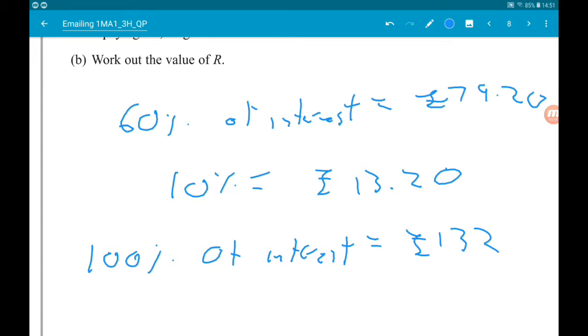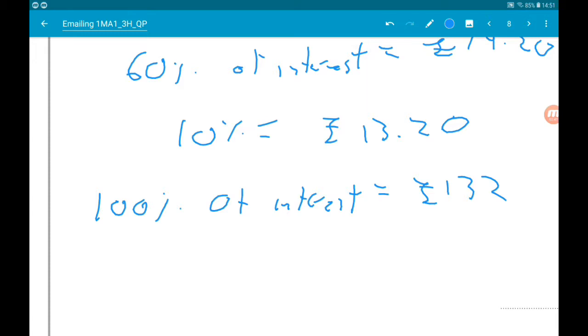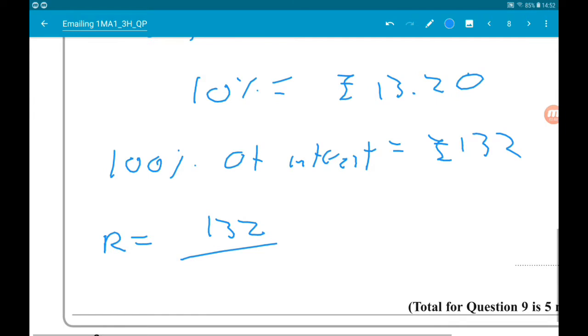So what we then need to know is what percentage is that of 5,500. So R is 132 out of 5,500 times by 100.